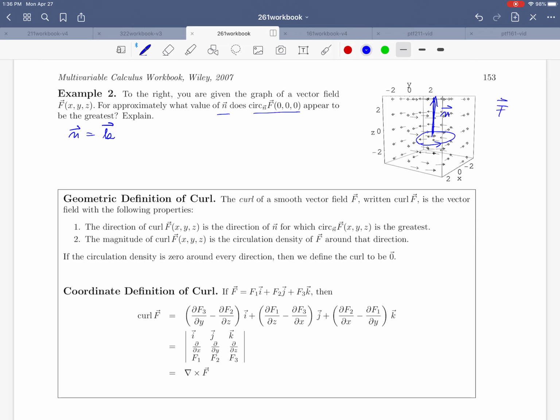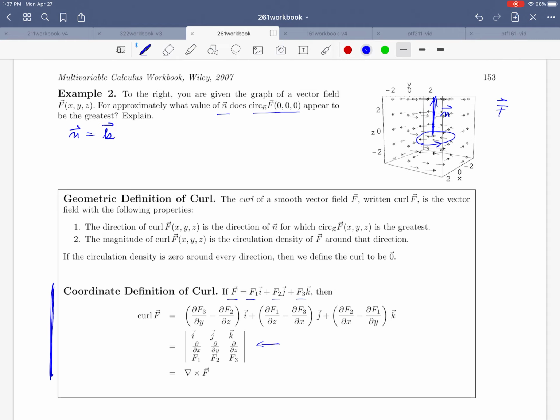So now we are ready to talk about the geometric definition of the curl. In a previous section, you already learned all about the coordinate definition of curl, so you already know how to compute it. If you have a vector field F that has an i component F1, a j component F2, and a k component F3, then you can compute the curl of that vector field as partial F3 partial y minus partial F2 partial z in the i direction, plus partial F1 partial z minus partial F3 partial x in the j direction, plus partial F2 partial x minus partial F1 partial y in the k direction.